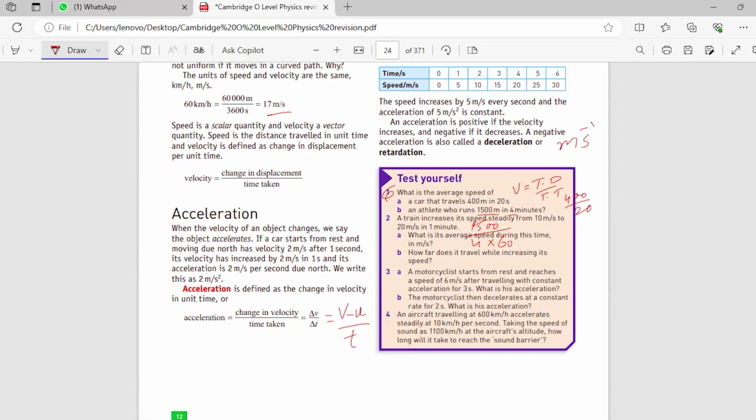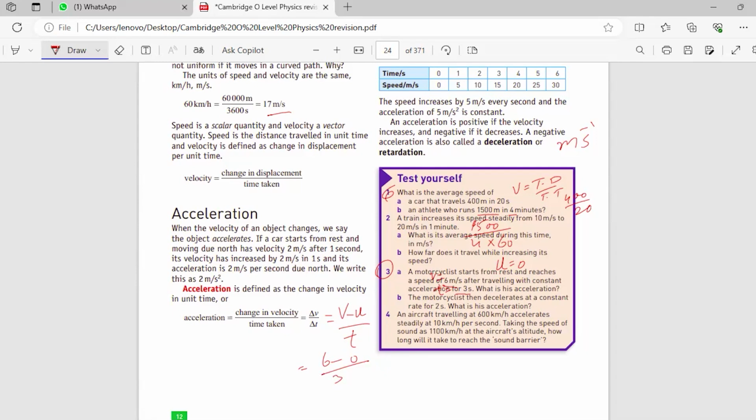Now the third one: starting from rest, reaches a speed of this much after traveling with constant acceleration for this much time. What is the acceleration? On that question, we write that it is starting from rest, so u is 0, v is 6, and the time is given to be 3. Hence, we put that in this equation: 6 minus 0 over 3, that will be our answer, in meter per second square.